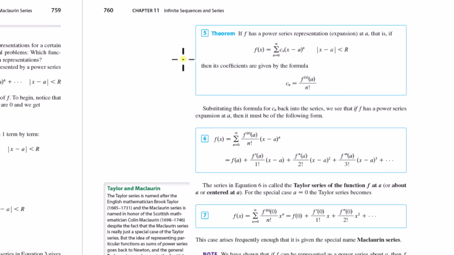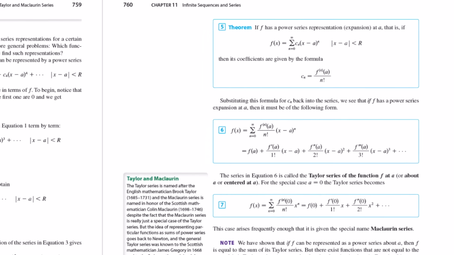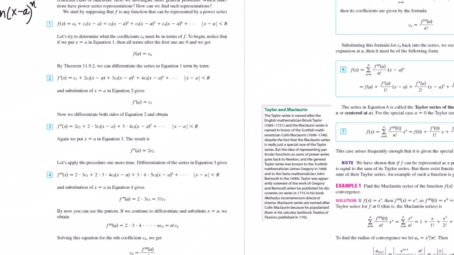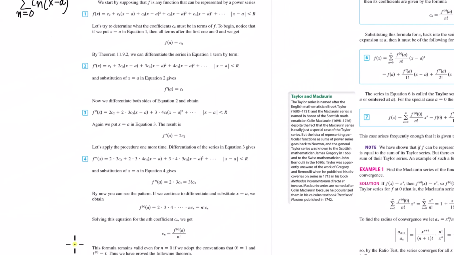Well, what this is going to show is that if you can take a function and write it as a power series this way, a function has to be differentiated an unlimited number of times, for example. But if you can write a function as a power series this way, most of the time you can just set that function equal to the corresponding power series that you wrote for it.